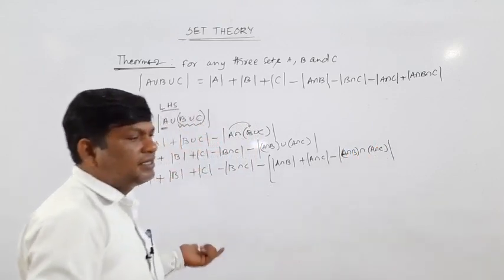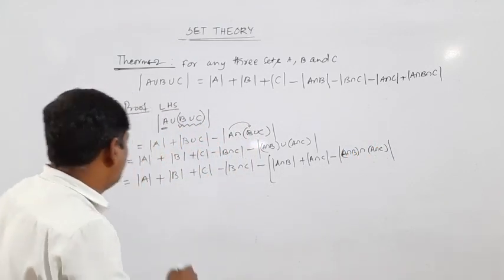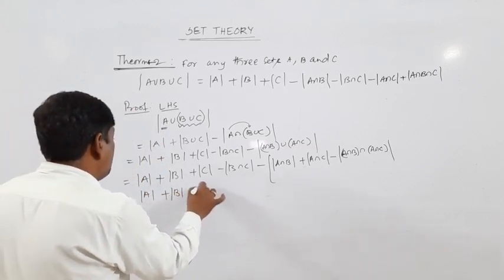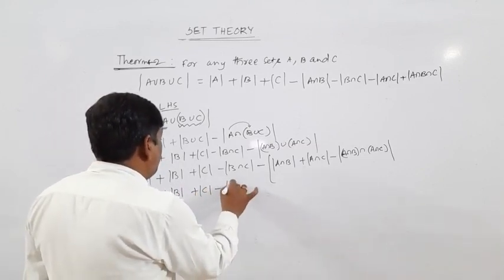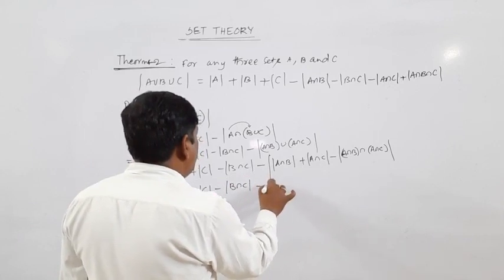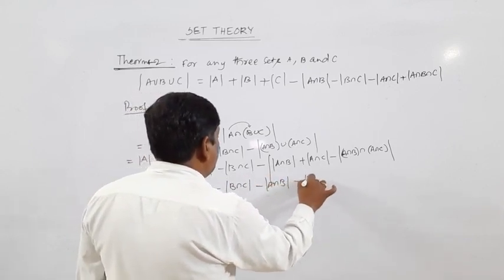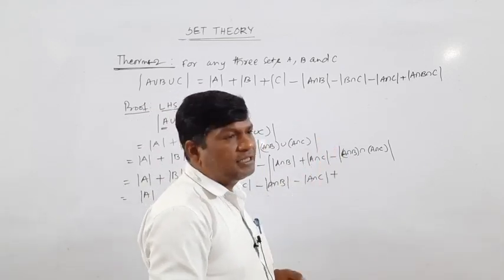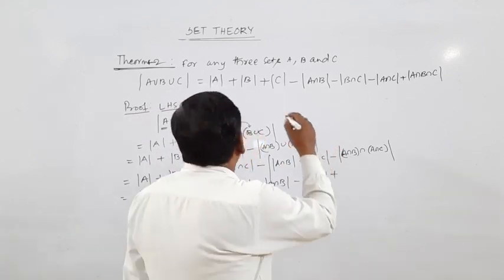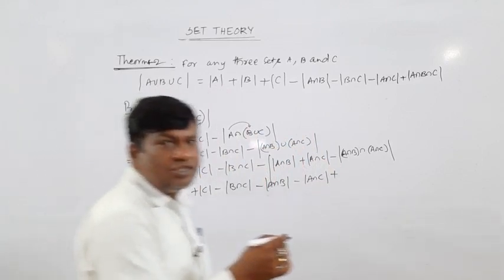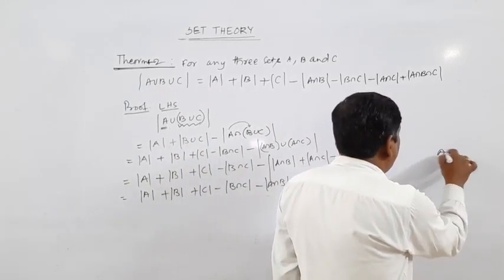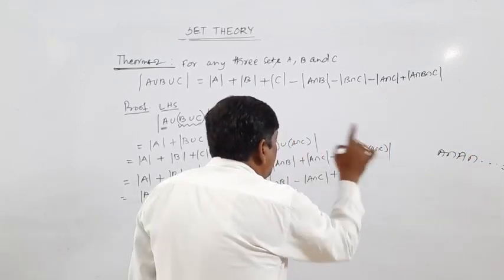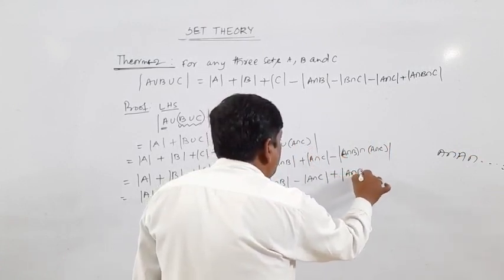A intersection A any number of times is A. So here this is cardinality of A plus cardinality of B plus cardinality of C minus cardinality of B intersection C, minus cardinality of A intersection B, and minus cardinality of A intersection C, plus A intersection B intersection C. The concept is that A intersection A any number of times is equal to A. Here A is repeated twice, so write it a single time.